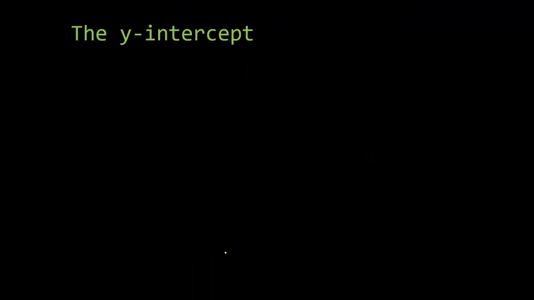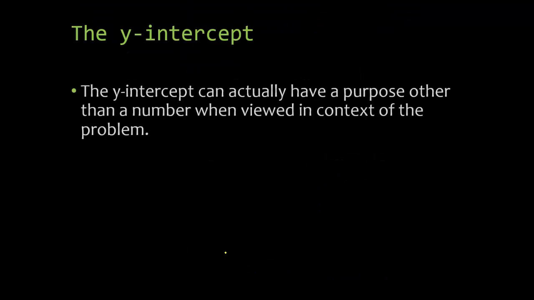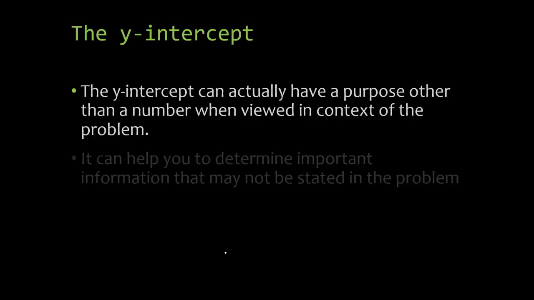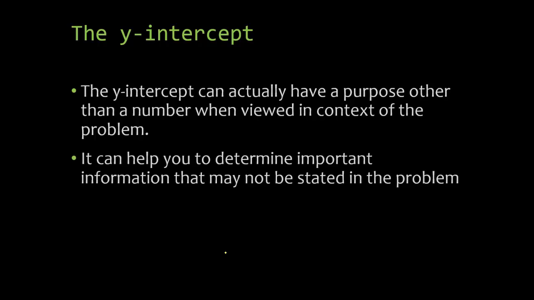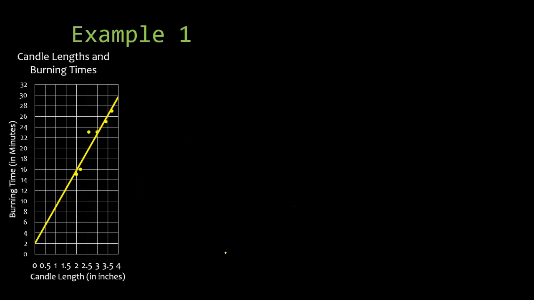All right, and let's focus on the y-intercept next. Okay, the y-intercept can actually have a purpose other than just being a number when it's viewed in the context of a real-world example. So it can help you determine important information that may not be stated in the problem. So you can find something out that's not readily said in the problem. So let's look at this example. I've already done the scatter plot for you.